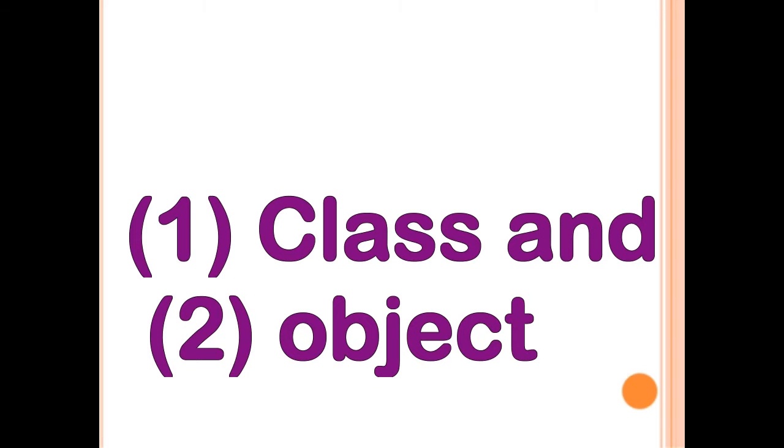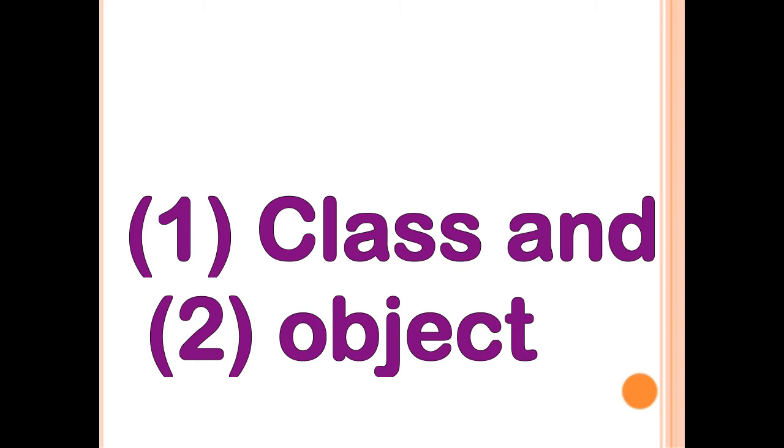From this we can say that an object is an instance of a class. An object is made up of data and functions. And a class is a collection of objects, which means one class can have more than one object.